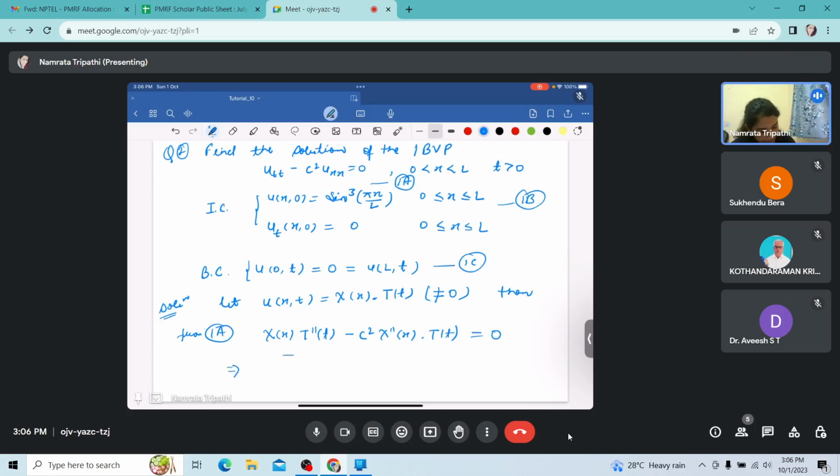Now can we rewrite the above expression as some constant? Okay. Now from here we can solve for X and for T separately.